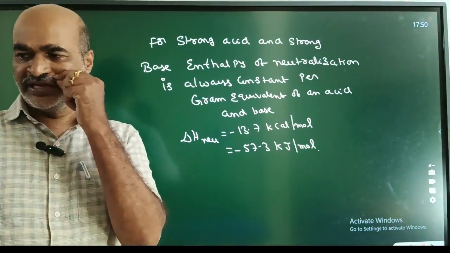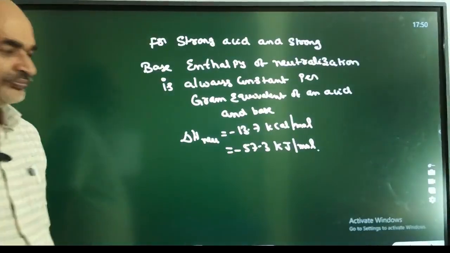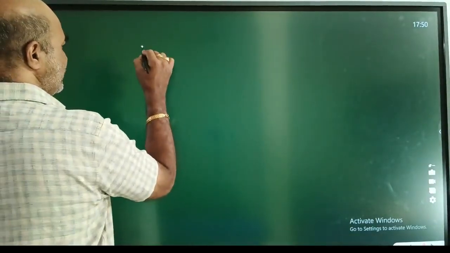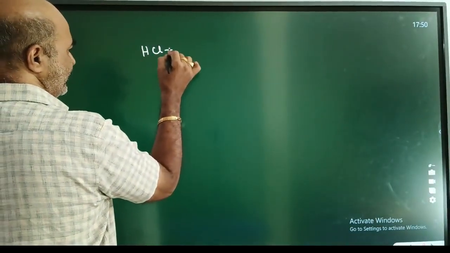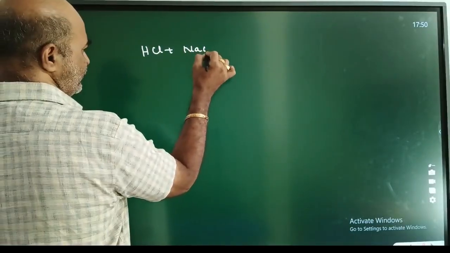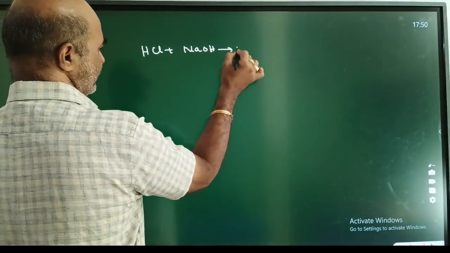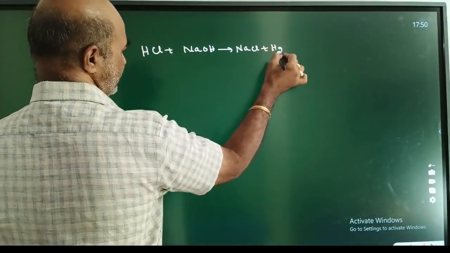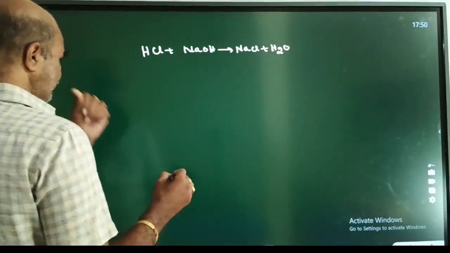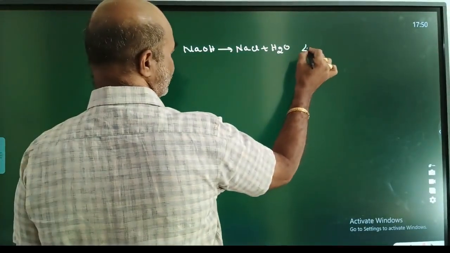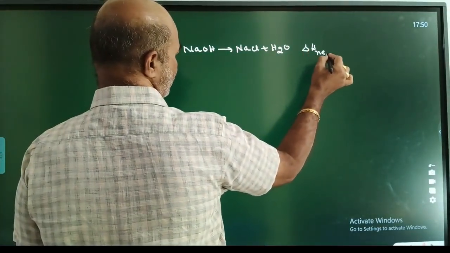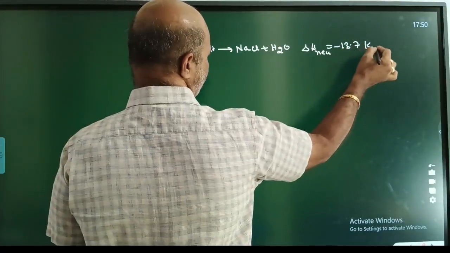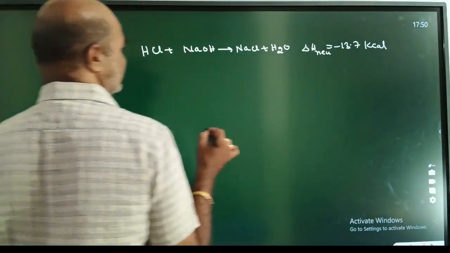Okay, next example, HCl plus NaOH gives rise to NaCl plus H2O. Enthalpy of neutralization is equal to minus 13.7 kilocalories.